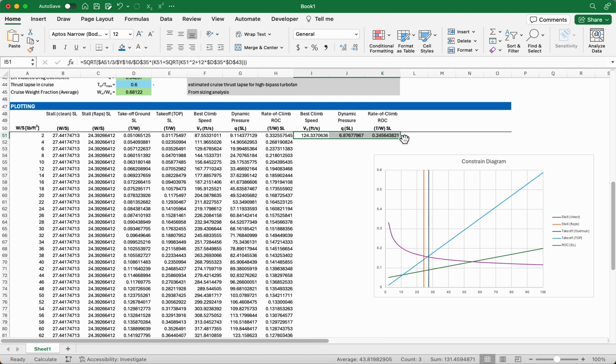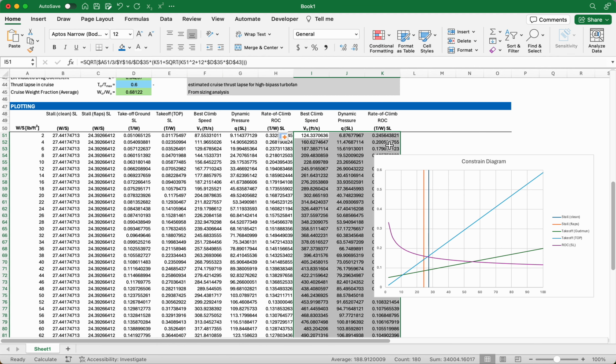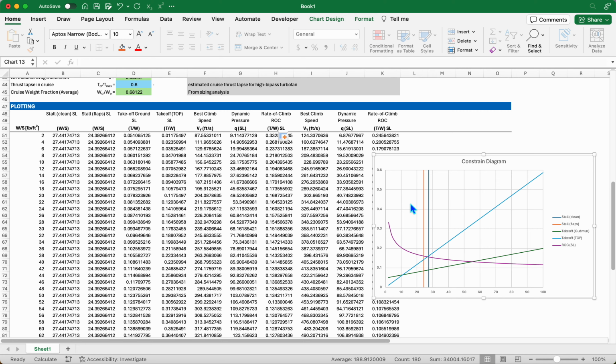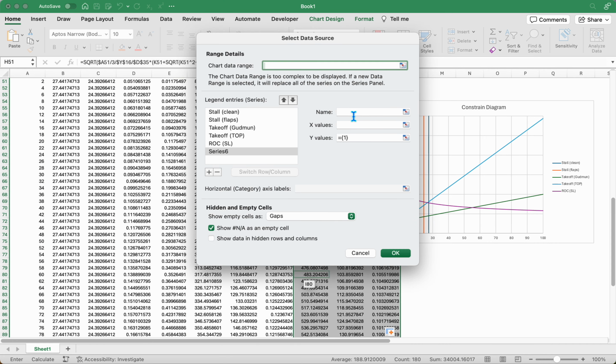So take those values, copy them down, and we're going to add this. I'm going to select data. Now we're going to add rate of climb. And flight level 300 is 30,000 feet.